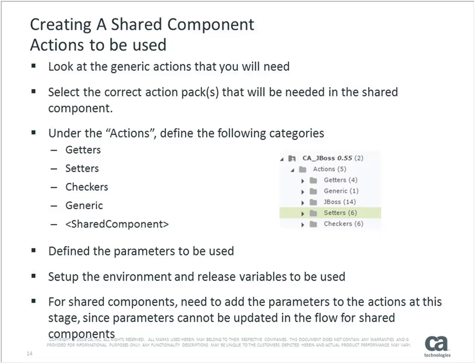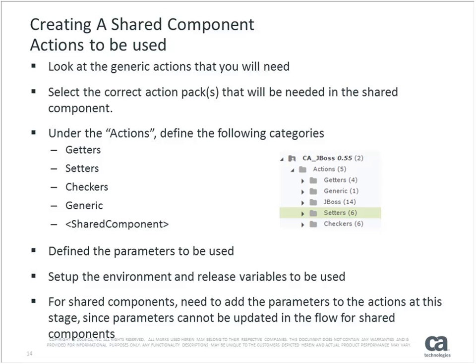So here I can start moving the different actions that I'm going to be using, and by breaking them down into a specific set of folders, it makes it easy for you to understand what's being used. You define the parameters to be used overall, and you set up the environment and the release variables to be used. That's another thing that you can use here as well.